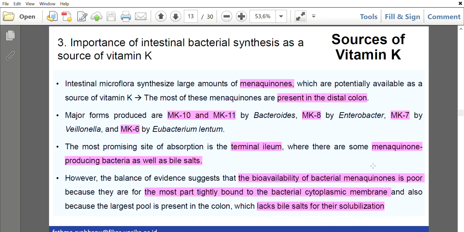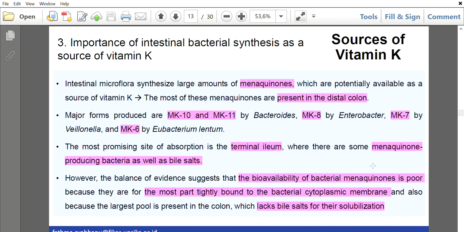It is noteworthy that menaquinones with fairly long chains, MK10 to 13, are known to be synthesized by members of the anaerobic genus Bacteroides and are found in large concentrations in the intestinal tract but have not been detected in significant amounts in foods.